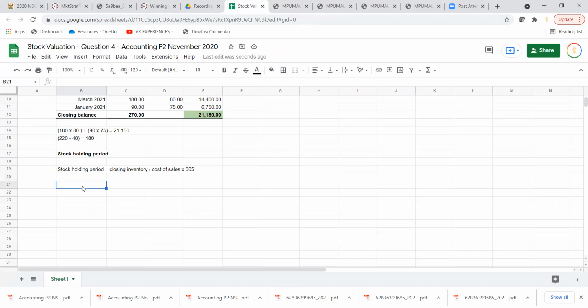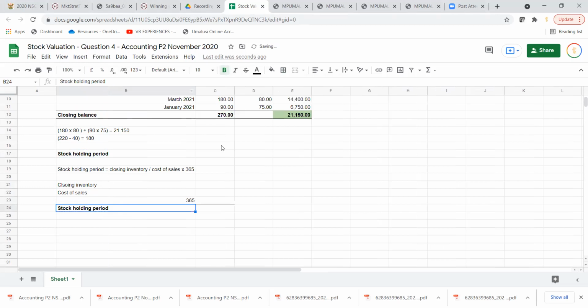So if I'm going to use Excel, we're going to say closing inventory divided by cost of sales times 365, and then that would give me the stock holding period. Now I already have closing inventory.